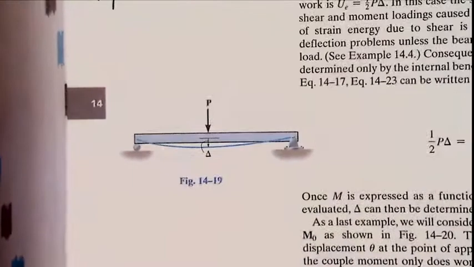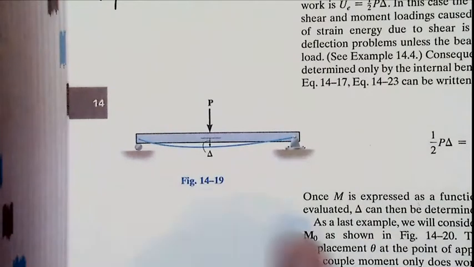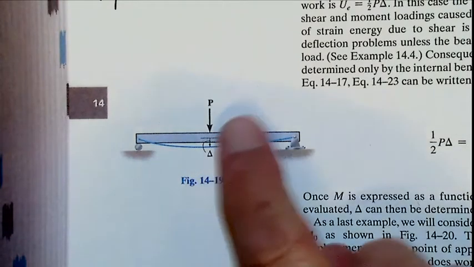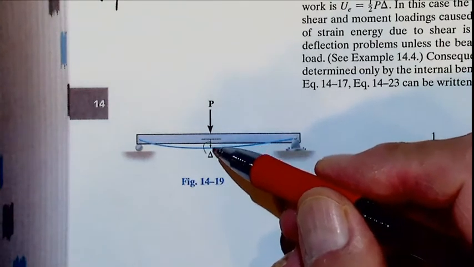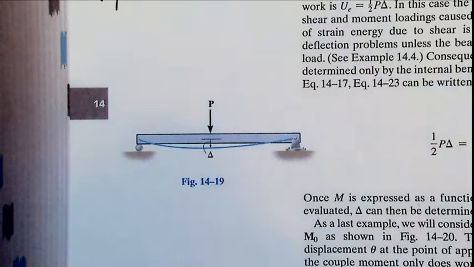Analogously, for the beam case, that was a truss, now that is a beam. So if there is a concentrated load, then appropriate displacement is denoted here as delta, Greek delta.